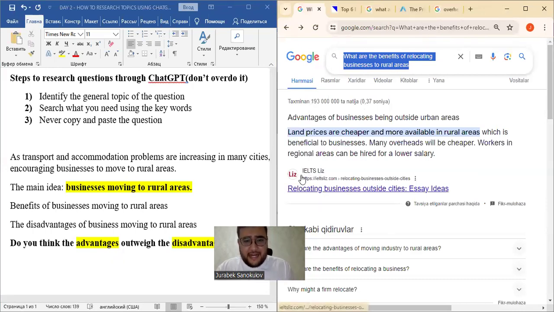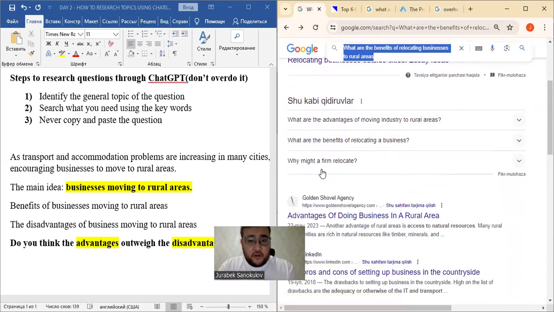So the first one is IELTS Liz. So my advice is that you ignore everything related to IELTS. The websites, whatever, just ignore everything related to IELTS because that's not going to be as effective as reading articles. So we're going to ignore IELTS Liz.